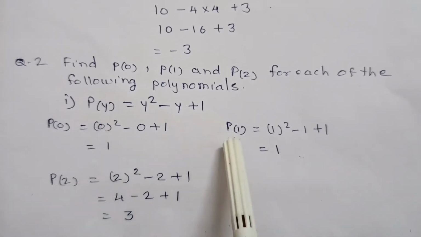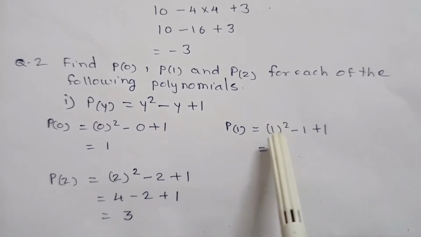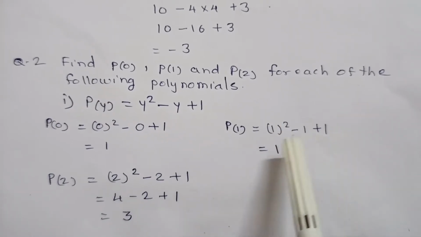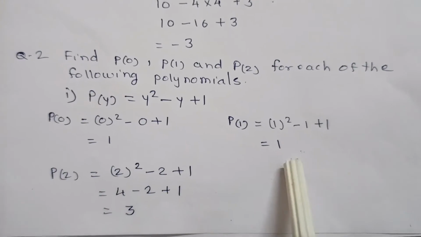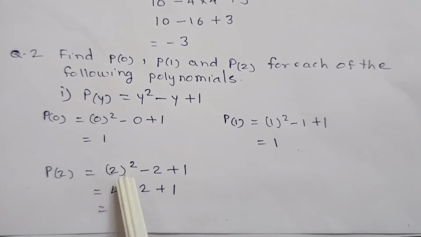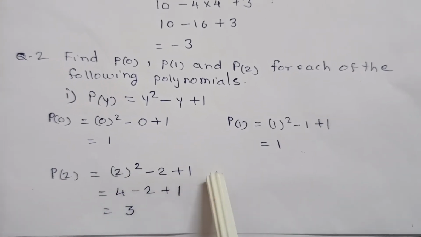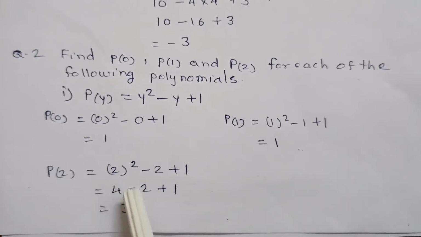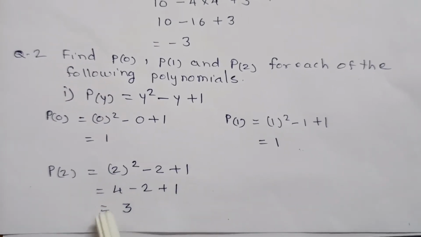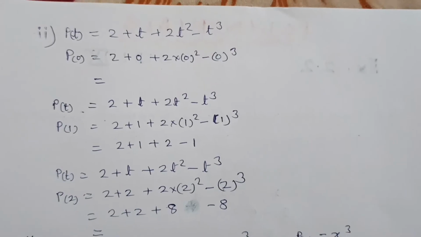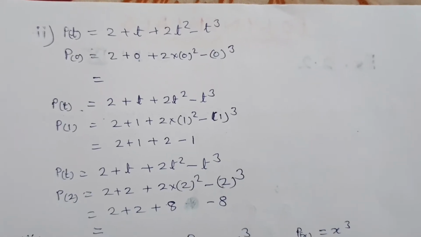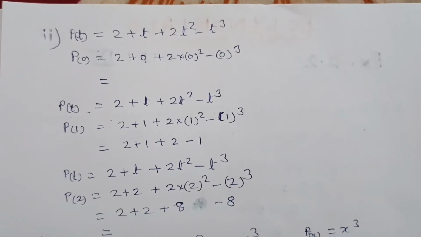If we take y as 1, P1 is equal to 1 square minus 1 plus 1. After solving we will get 1. P2 is equal to 2 raised to square minus 2 plus 1 is equal to 4 minus 2 plus 1 is equal to 3. Now we will substitute 0, 1 and 2 in the next expression.